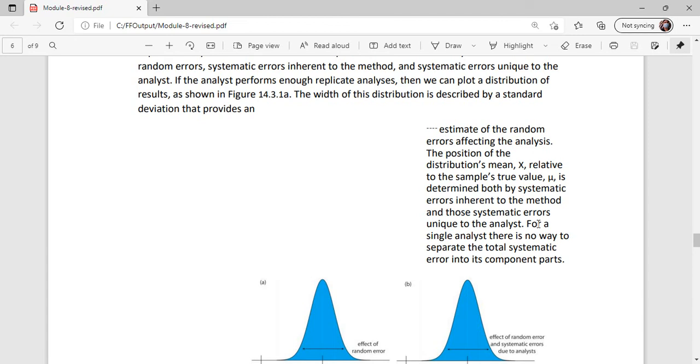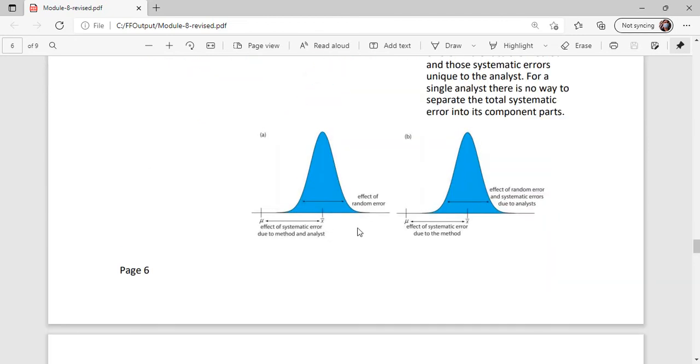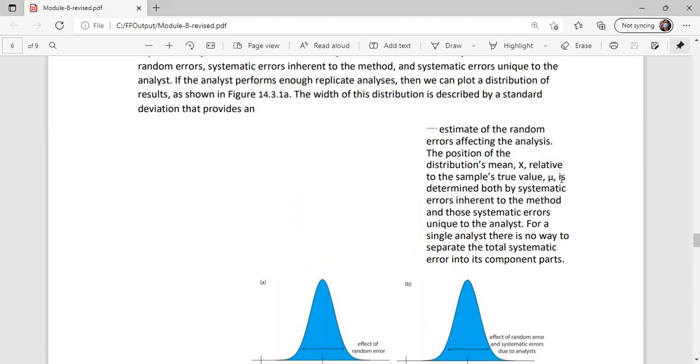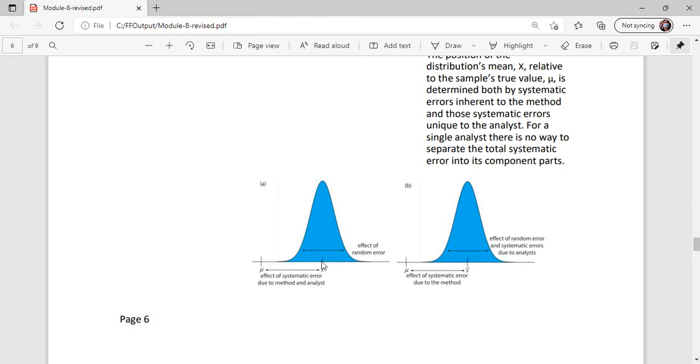Here you have a graph that shows the effect of random error. Then you have the mean, then the true value, and the effects of the random error and systematic errors due to the analyst.